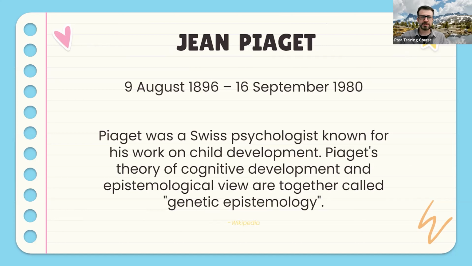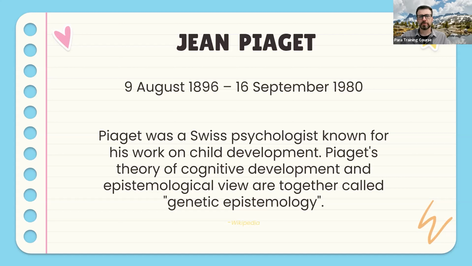Okay, let's talk about Jean Piaget. He was one of the foundational thinkers in terms of modern educational theory. He's contributed to linguistics, he's contributed to psychology, lots of different things. In the 20th century, I think there was only one psychologist quoted more than him, and that was B.F. Skinner.